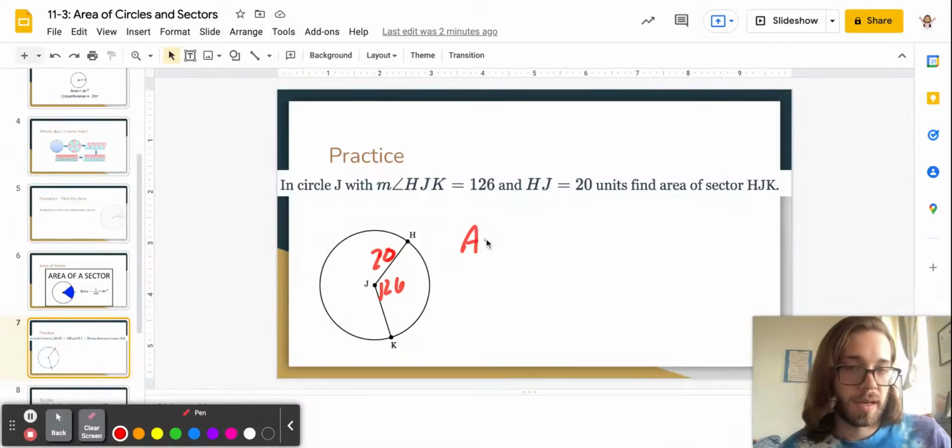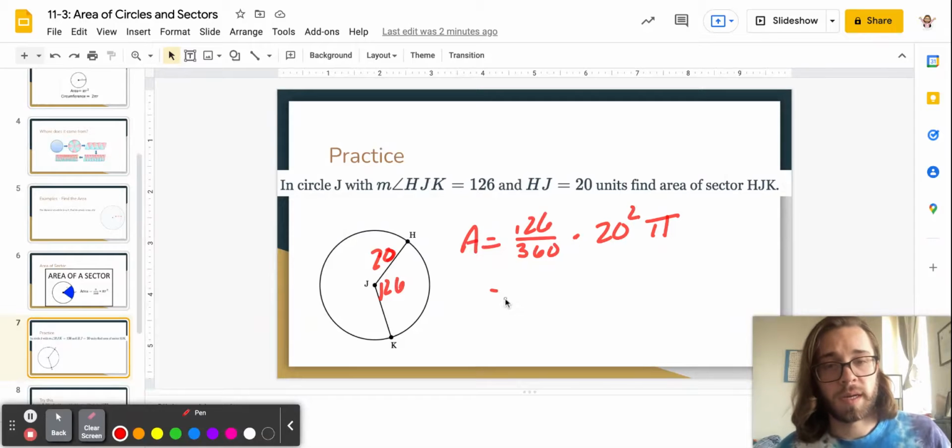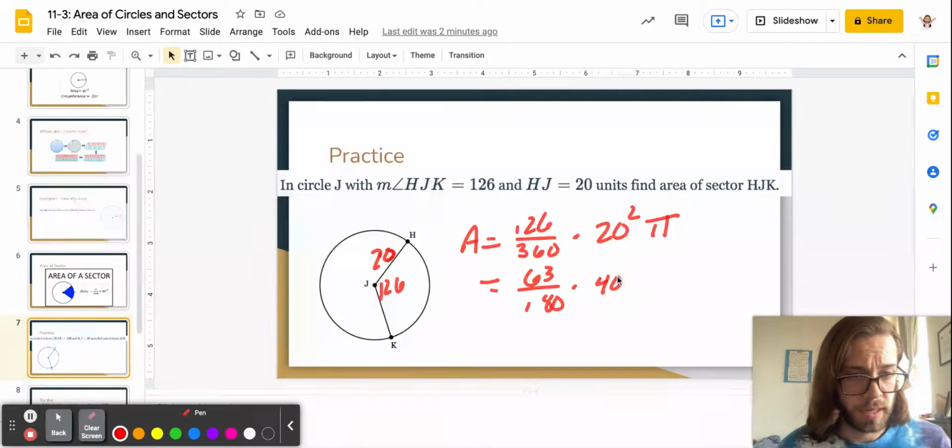So area is going to be the angle 126 over 360 times 20 squared times pi. Now we can, let's see, what can we simplify? This is 2, so that'd be what, 63 over 180 times 400 pi.